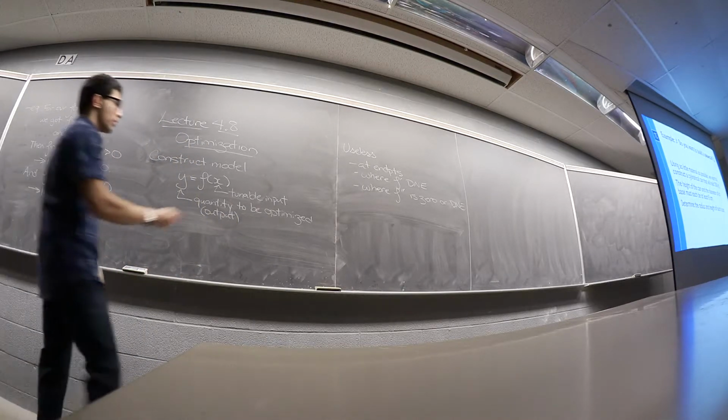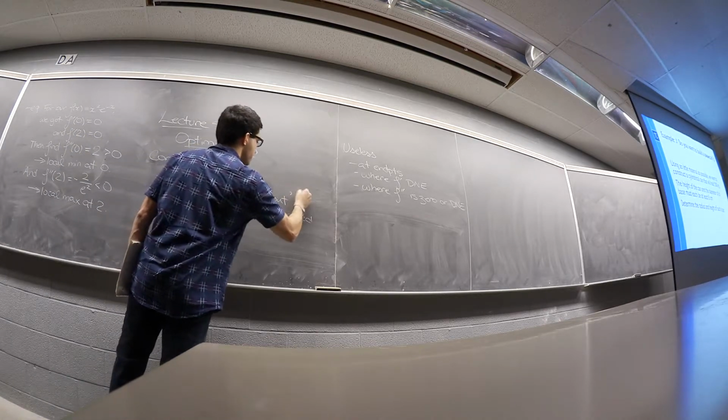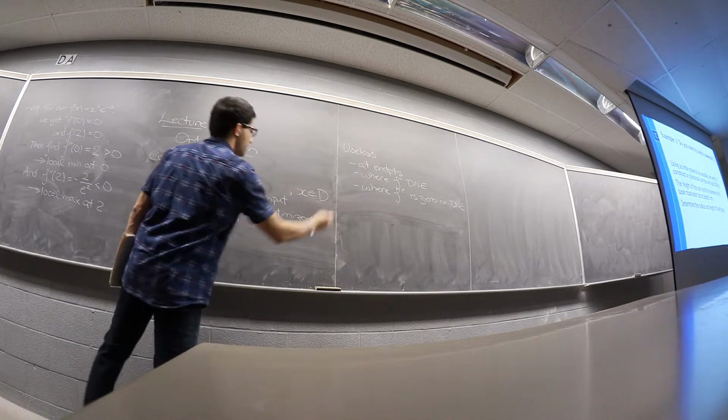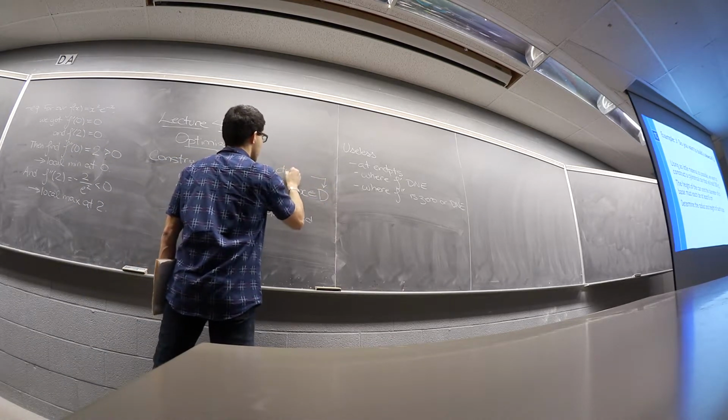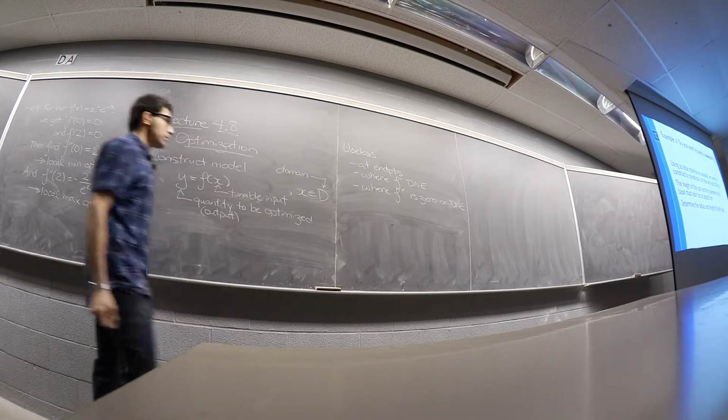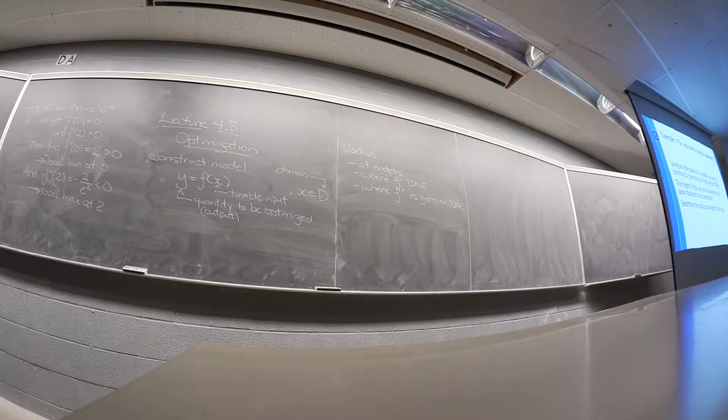And also associated with your model will be some sort of domain, the possible values of the input. That's the only places where your knob can turn.